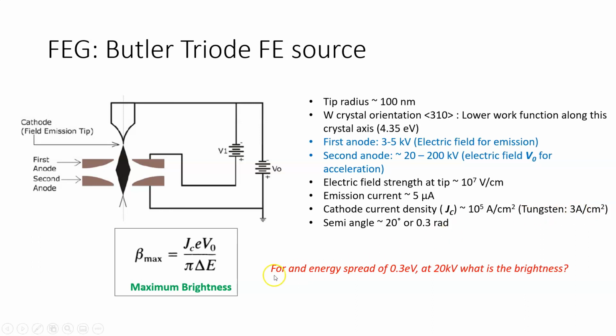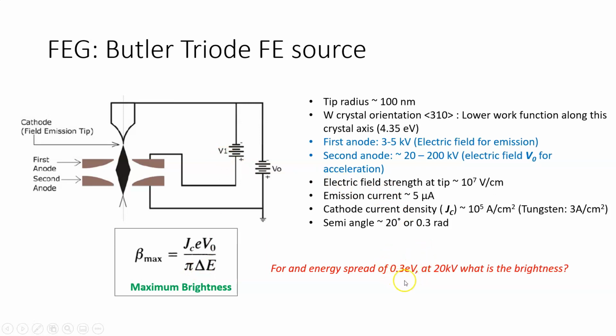Okay, so now if you look at the equation for maximum brightness, which is the current density times electron charge times the accelerating potential over the energy spread. Now because it's a cold emission gun, the energy spread is relatively very low. It is about 0.3 electron volts.